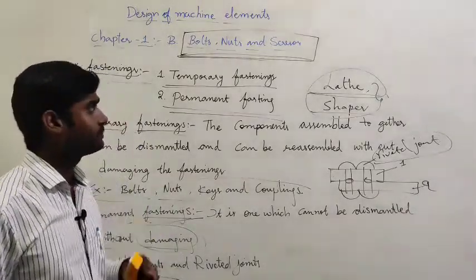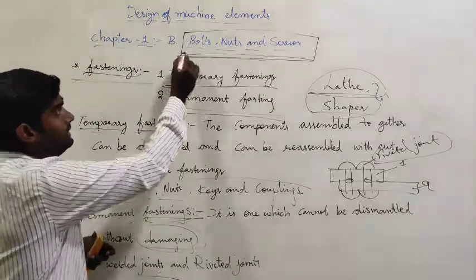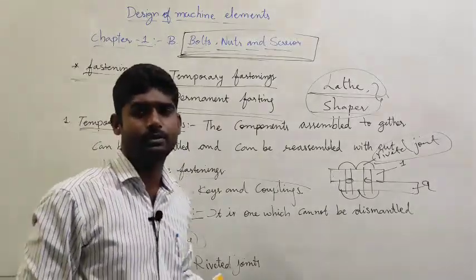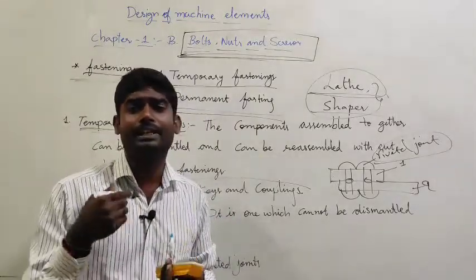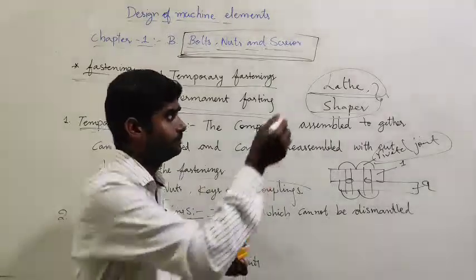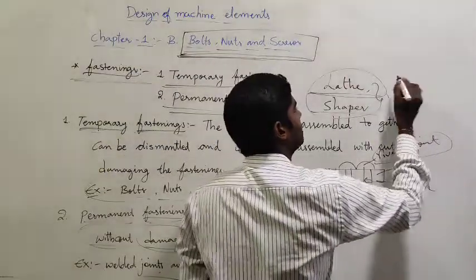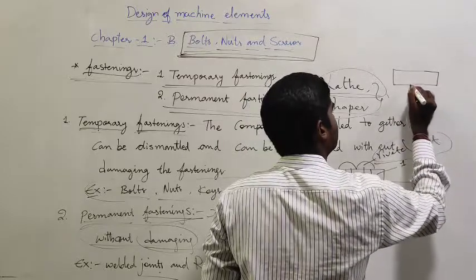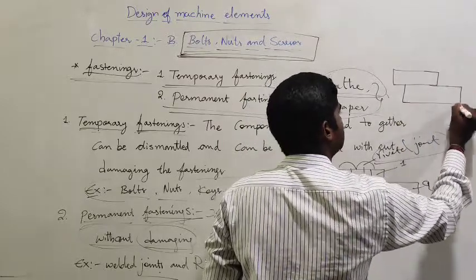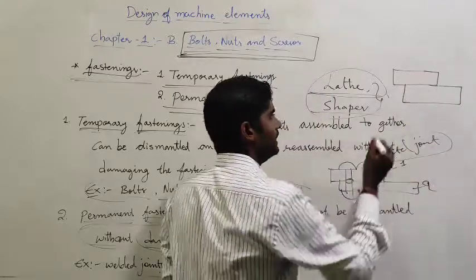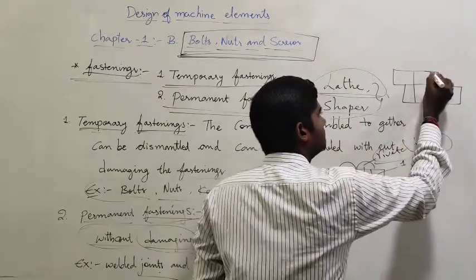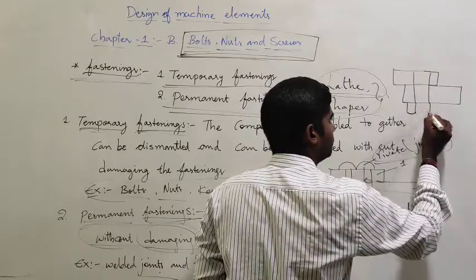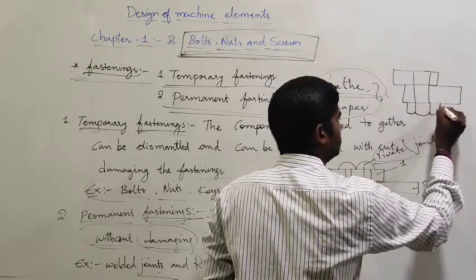Okay, let's see what a bolt is, what a nut is, what a screw is. Bolts and nuts are used for temporary joining purposes. Like these two blades, if you join them with a temporary joint, the bolts are not fitting.